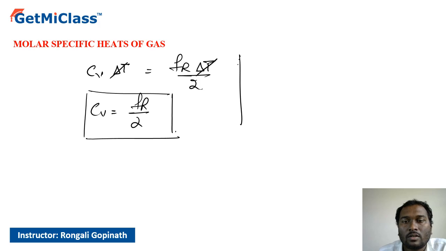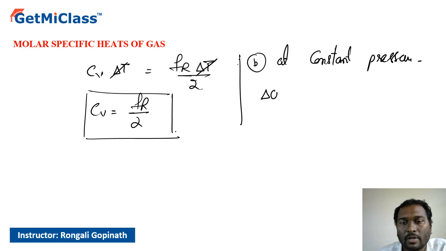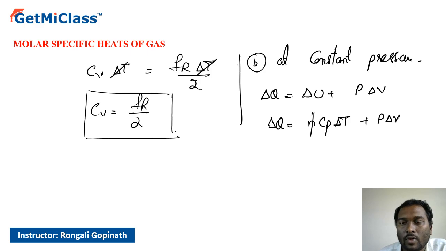Now, under the second condition, that is at constant pressure, what happens to the first law of thermodynamics? Delta Q is delta U plus P delta V. Sorry, one mistake here.